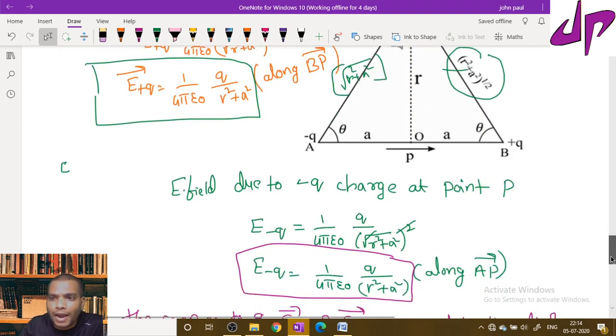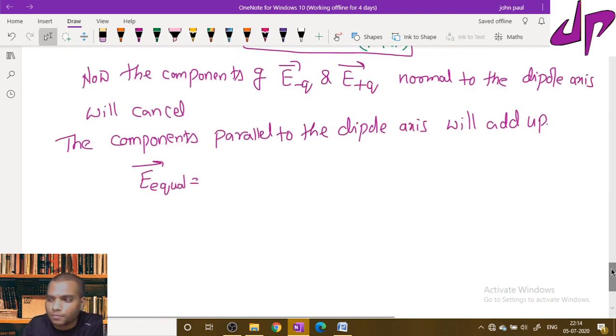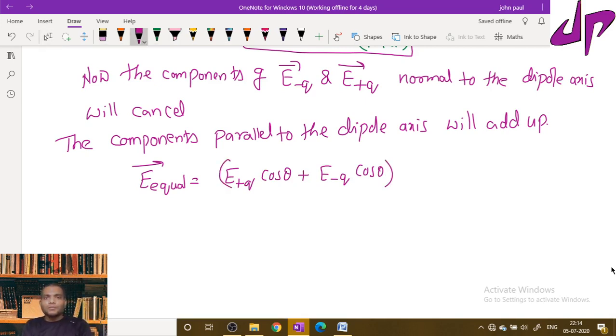We need to add those two components: E plus Q cos theta plus E minus Q cos theta. So this gives the magnitude of the electric field.